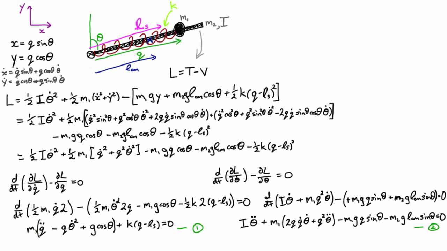Check units. Alright, so I've got a mass times acceleration. That's a length and inverse time squared, so that's also an acceleration. Here I have a force. It's classical Hooke's law, so force and mass times acceleration units agree. Here I've got I times theta double dot, which is actually an ml squared, so that's mass times velocity squared.